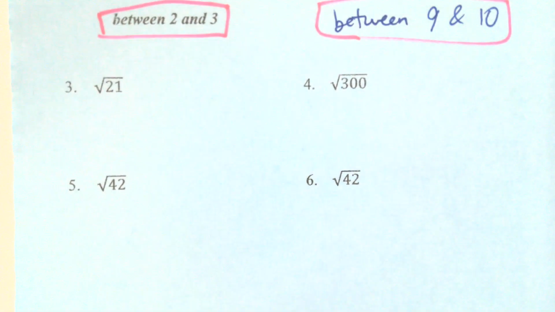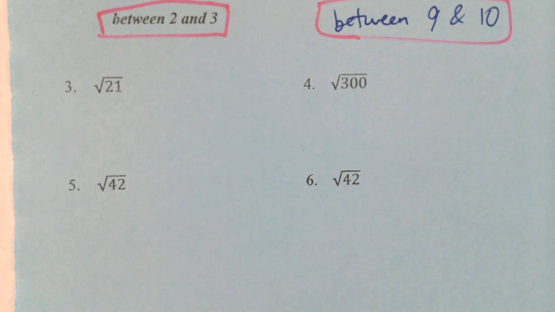Give number 3 a try on your own real quick. Square root of 21. Find which two perfect squares that falls between. Take those roots, and that's going to be your estimate for this one, for 21. Take like 60 seconds. Flip back to note sheet number 2 if you need to. We all have it from yesterday.